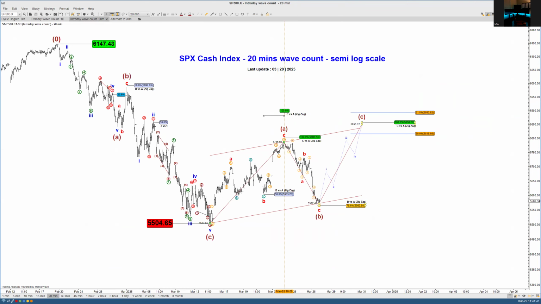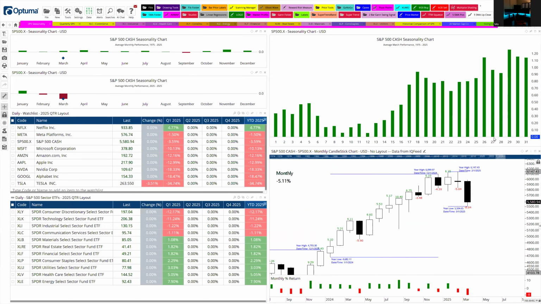So basically, you're talking this portion right there, this move. And now this one right there is making the full reversal back to the downside.